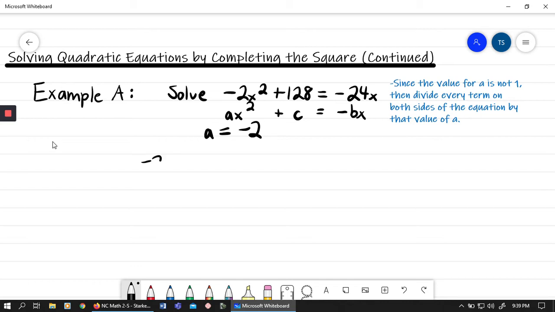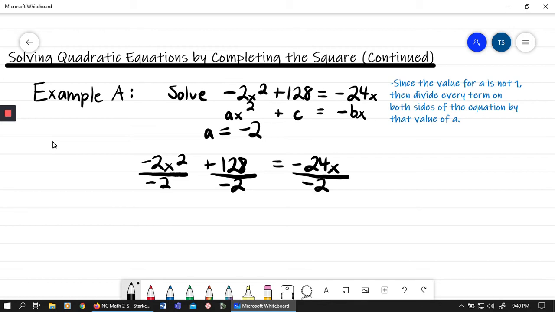So let's go ahead and do that. Negative 2x squared, we divide that by negative 2. We've got the 128, we're going to divide that by negative 2. We've got the negative 24x, we're going to divide that by negative 2. And let's simplify. When we divide that first term, the negative 2s cancel out, and we're left with x squared.